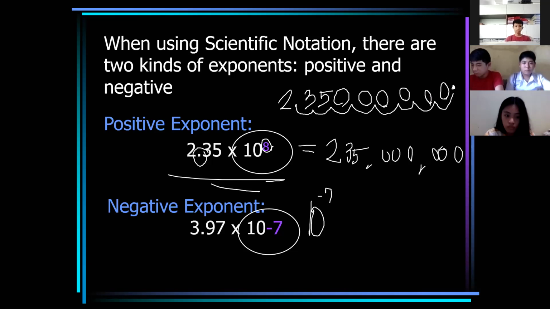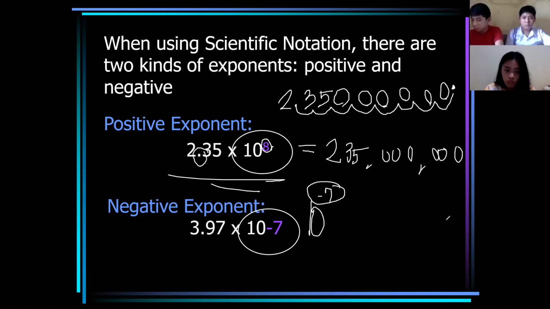Similarly, if you're going to change a number with a negative exponent, the exponent is the direction to where we're going to move the decimal point. If it is negative, class, follow the direction to the left, as in the Cartesian plane, di ba? So we have here 3.97.